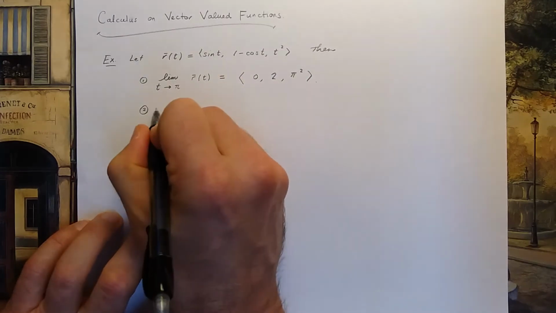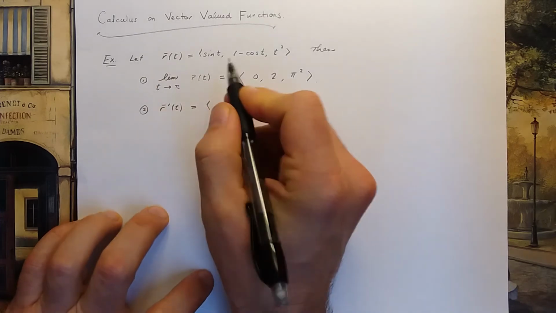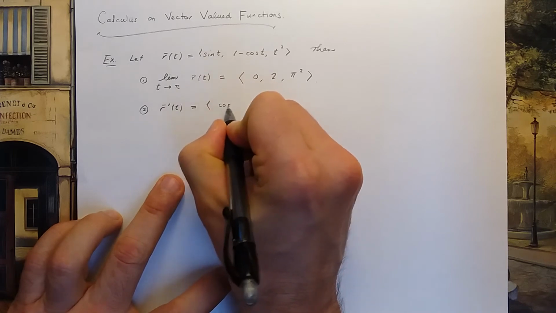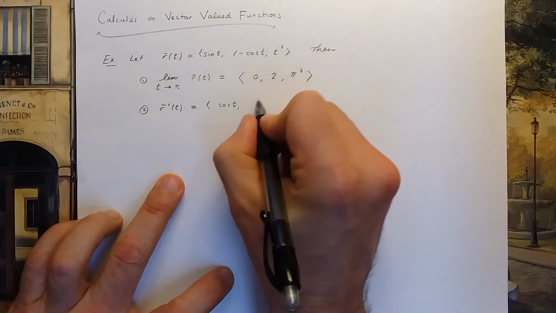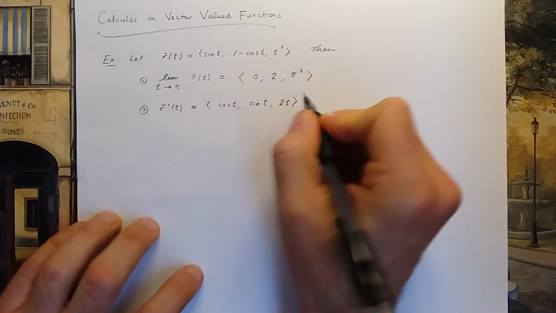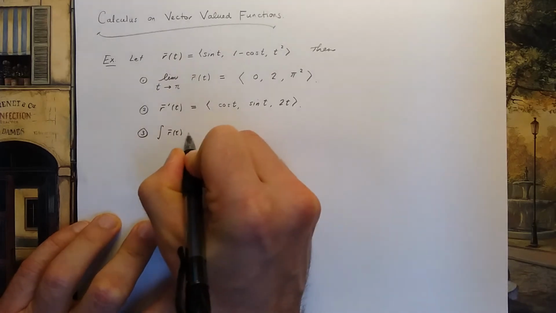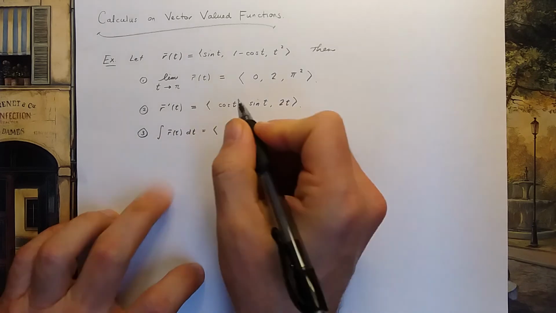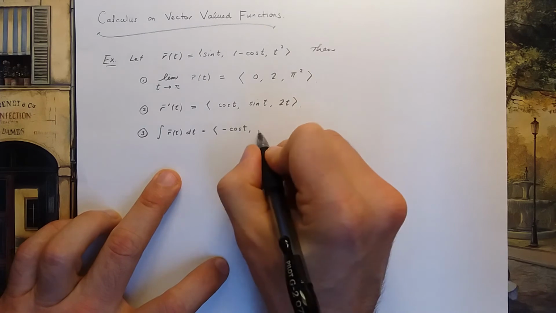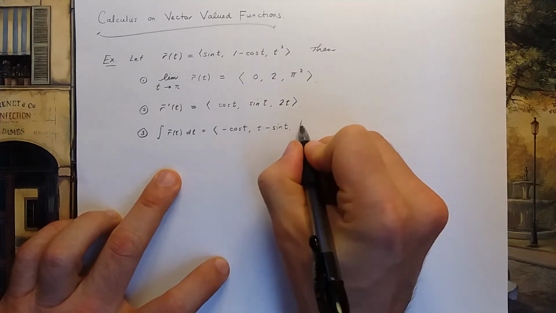Derivatives are similar. The derivative of the vector-valued function r will be the derivative of each component. So the derivative of sine is cosine. The derivative of the middle function is sine t. And the derivative of t squared is 2t. And I can also integrate my vector-valued function. When you integrate, you get negative cosine t, t minus sine t, and 1/3 t cubed.